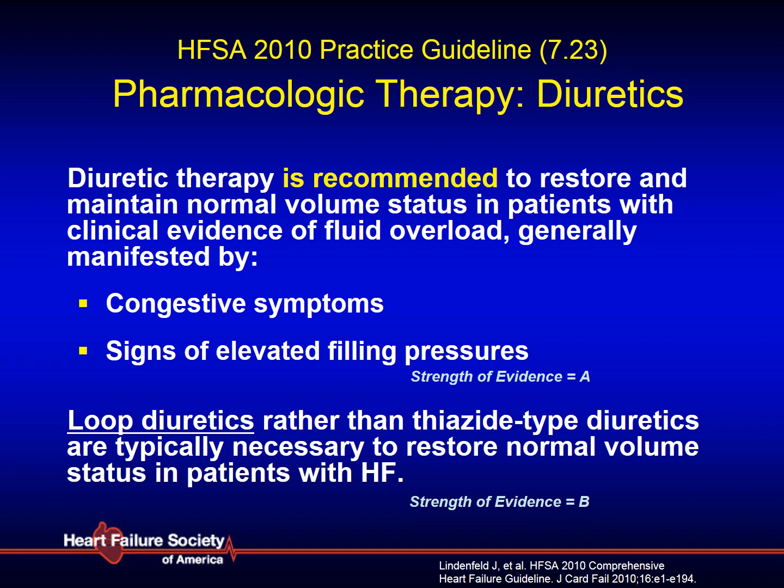These are patients that have congestive symptoms, which can include orthopnea, edema, and shortness of breath, or have signs of elevated filling pressures, which include jugular venous distension, peripheral edema, and less commonly rales. The guidelines also indicate that loop diuretics, rather than thiazide-type diuretics, are typically necessary in order to restore normal volume status in patients with heart failure.